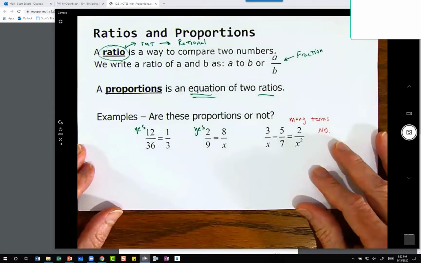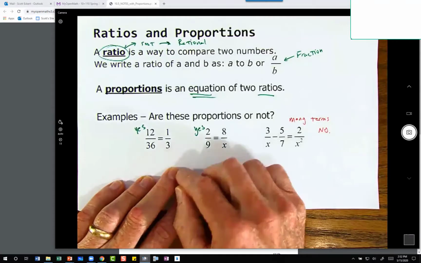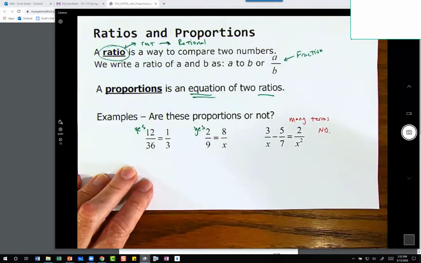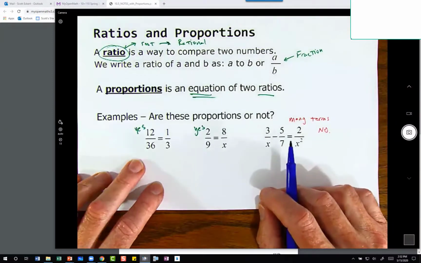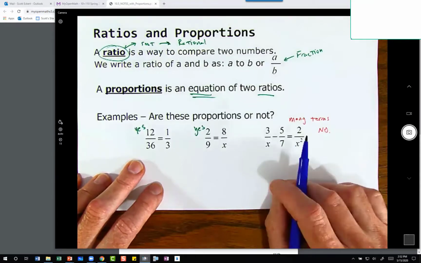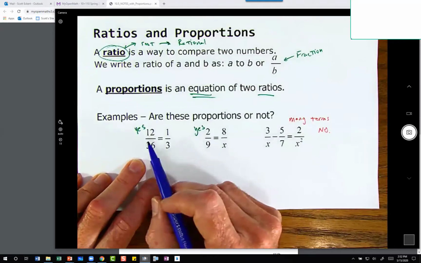Proportions are something we use to build common denominators and to reduce fractions. And they behave in a certain way. So this is kind of an odd principle.